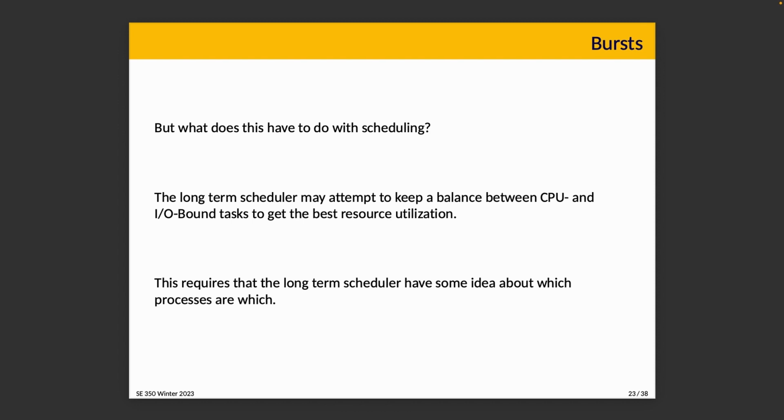It does require the long-term scheduler to have some idea about which processes are which, but observing the behavior of processes is usually enough to give us a pretty good hint as to what is actually going on.